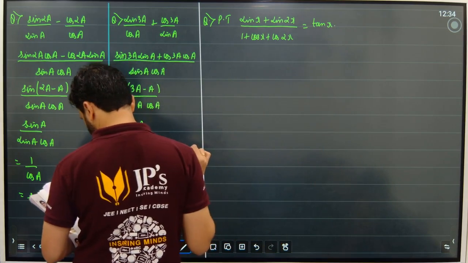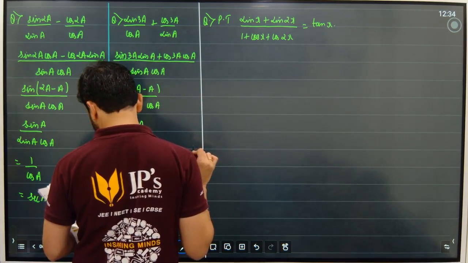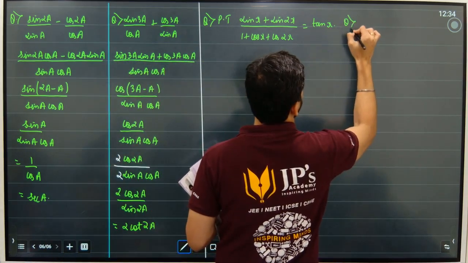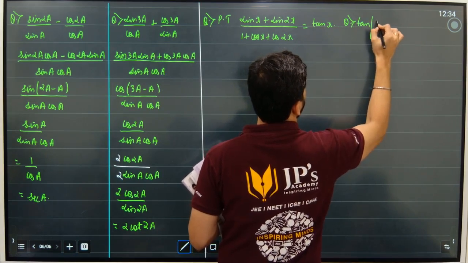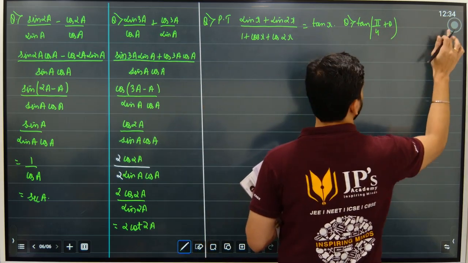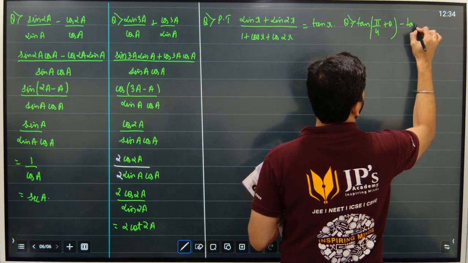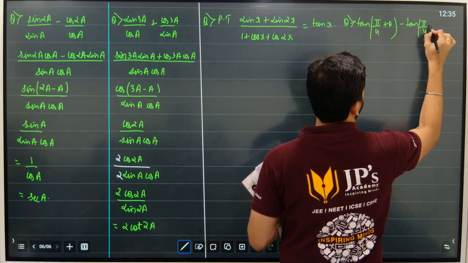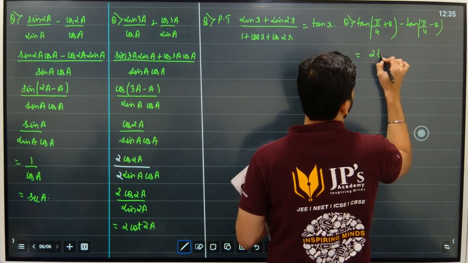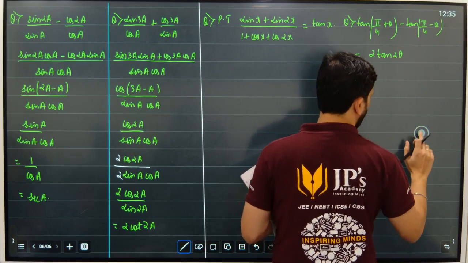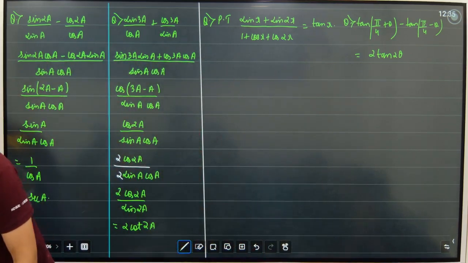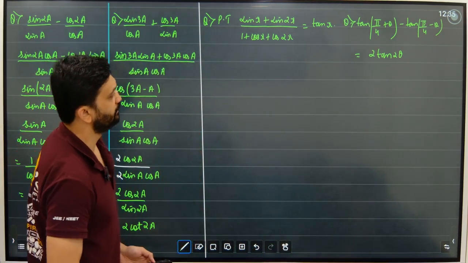This is the first sum, okay, and second sum will be: tan pi by 4 plus theta minus tan pi by 4 minus theta is equal to 2 tan 2 theta. ठीक है, so you guys will try this sum. Everyone, come on, start trying, everyone.